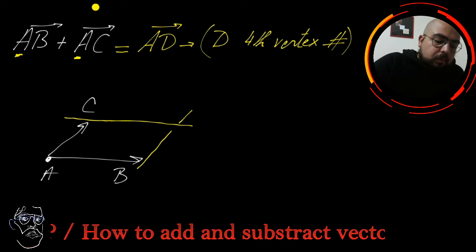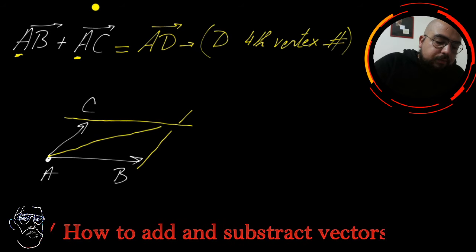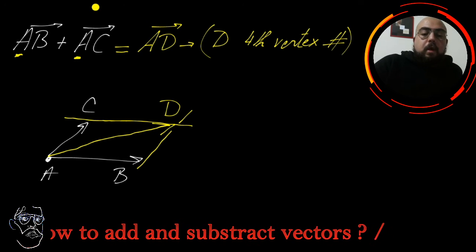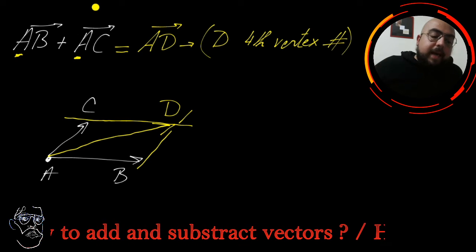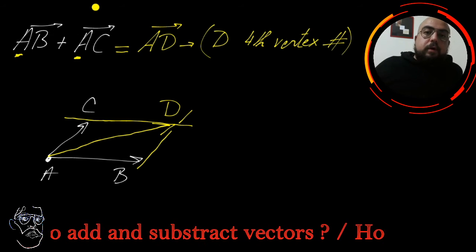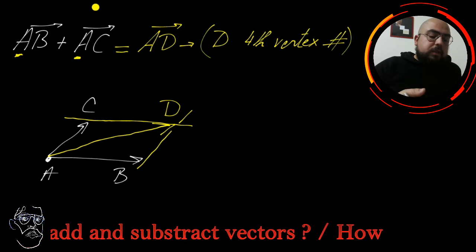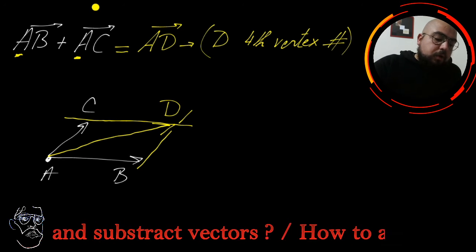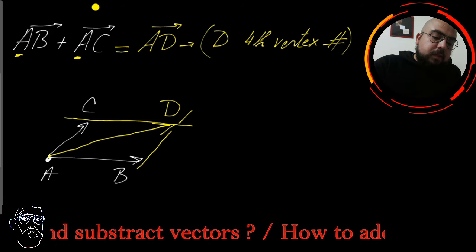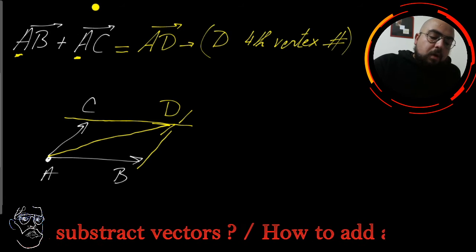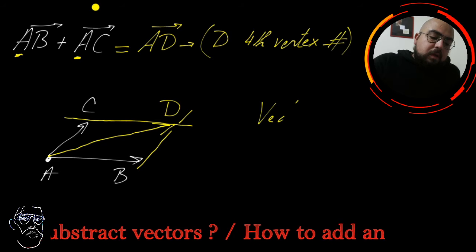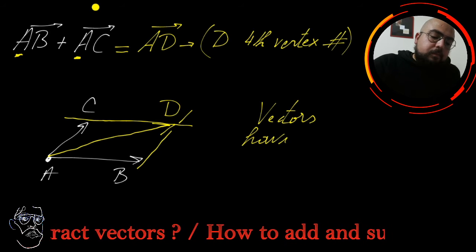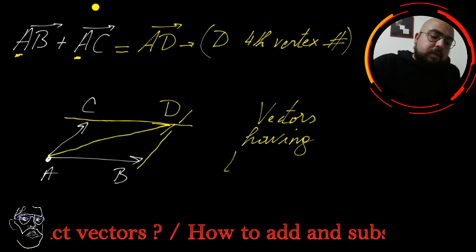So the sum will give you this final vector, which is AD. D will be the fourth vertex of your parallelogram, which in this case is ACDB. All right, so this case is an addition of vectors having the same origin.